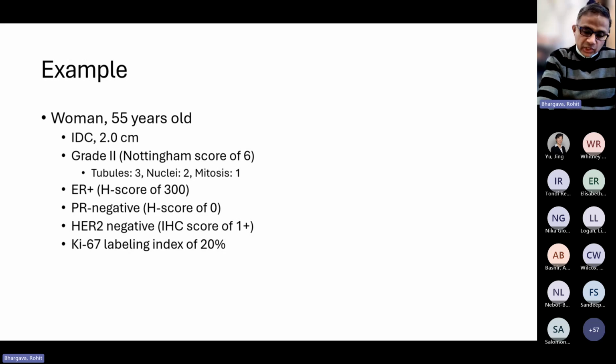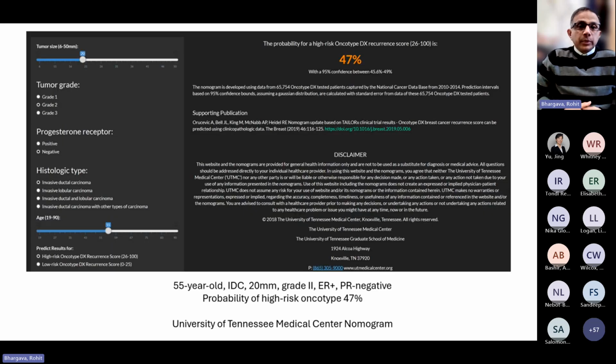And Magee equations are not the only models available. There are many other formulae, rules, models, nomograms, but the Magee equation was the first one, and it does require more granular information. So just to give you an example, this is a University of Tennessee nomogram, which is a very nice nomogram, and gives you the probability of high risk Oncotype and the probability of low risk Oncotype, but it doesn't require the more granular information like the Magee equations.